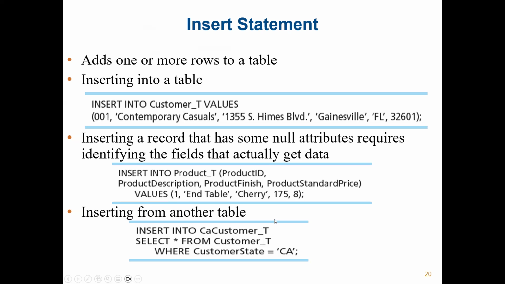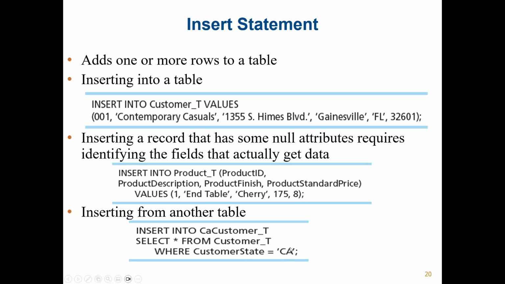Or if we want to insert the data from another table, that's the command. Insert into CA customer T. We use a select command, so we are selecting the data. Select, again, asterisk here means we are selecting all the data. Select all from customer T where the customer state is California.